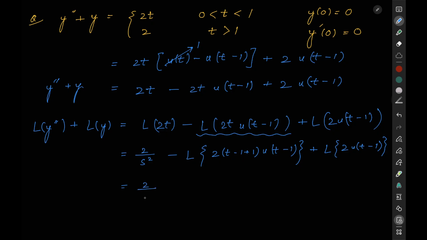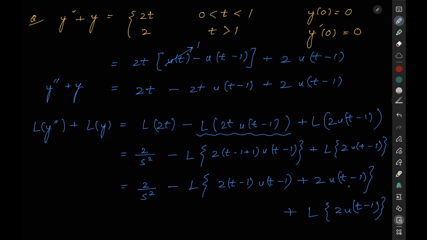This is equal to 2 upon s square minus the Laplace of 2(t minus 1) u(t minus 1) plus 2 u(t minus 1), and plus the Laplace of 2 u(t minus 1).